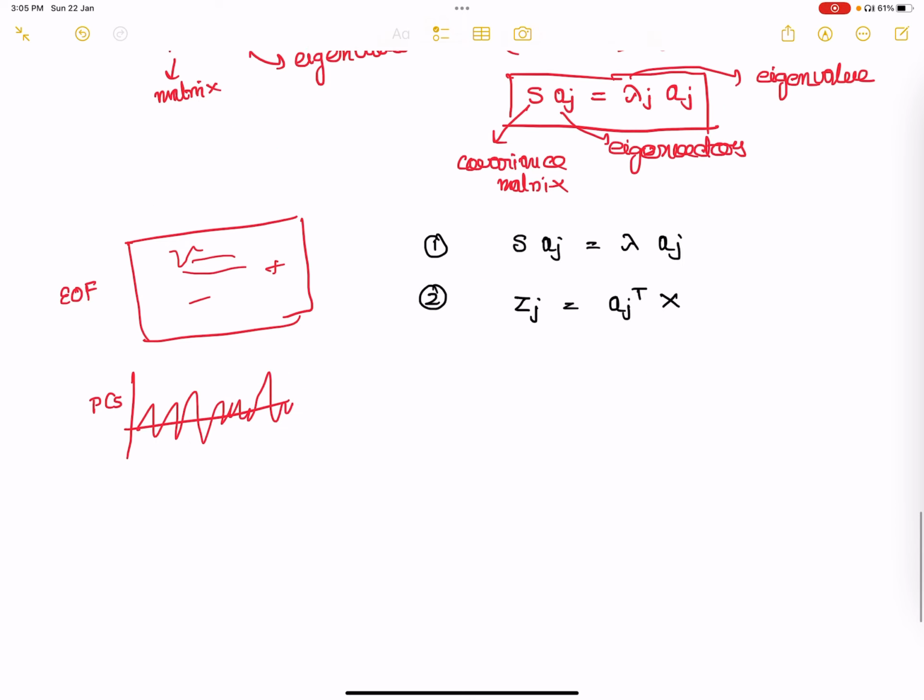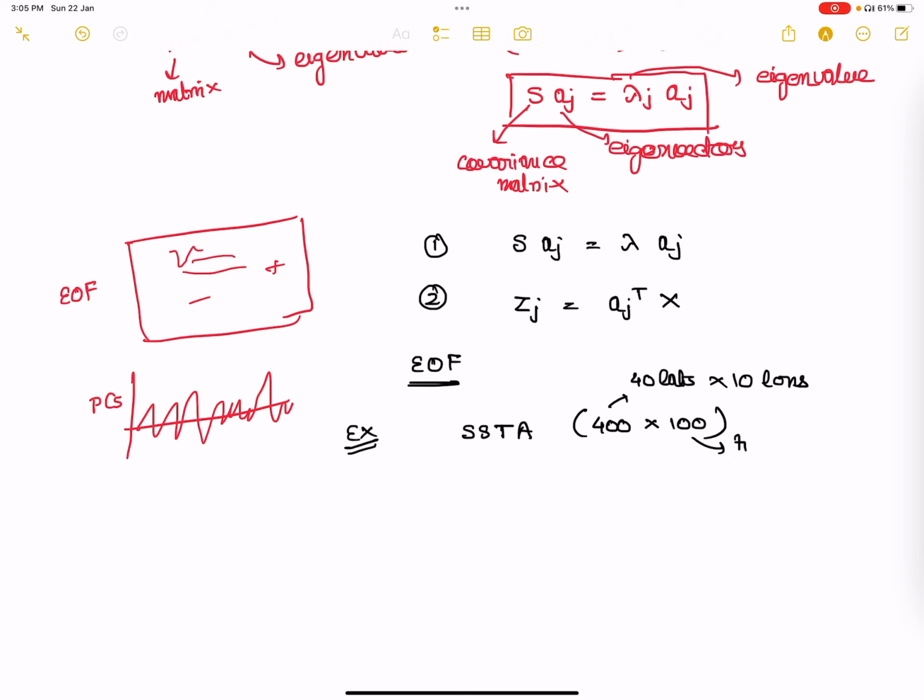Now for the EOF and PCs, let us take an example. We have been given sea surface temperature anomaly data, which has 400 space points and 100 time points. The 400 space points consist of 40 lats into 10 lons.